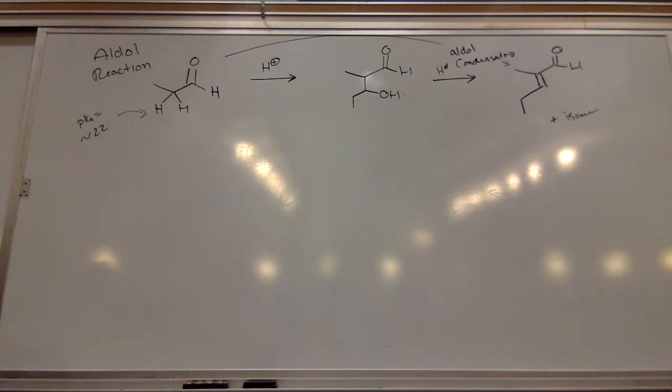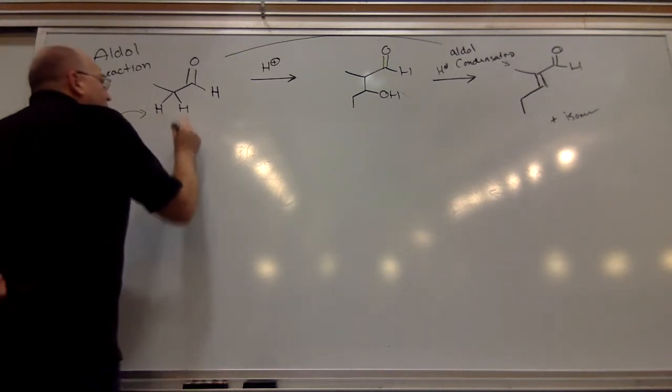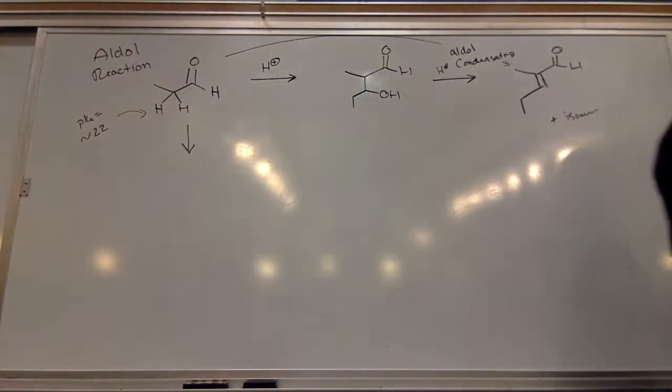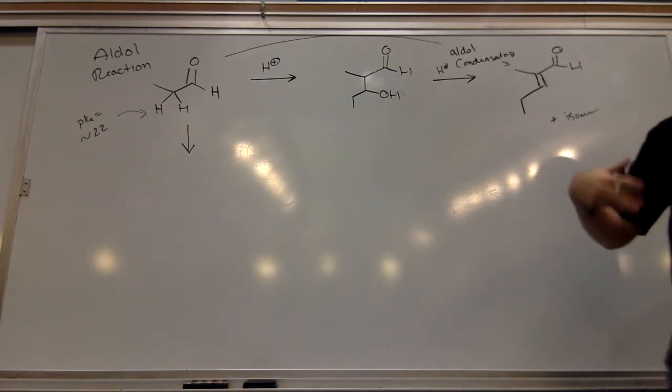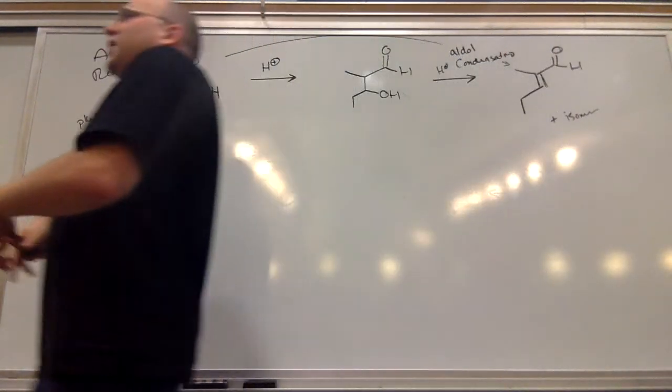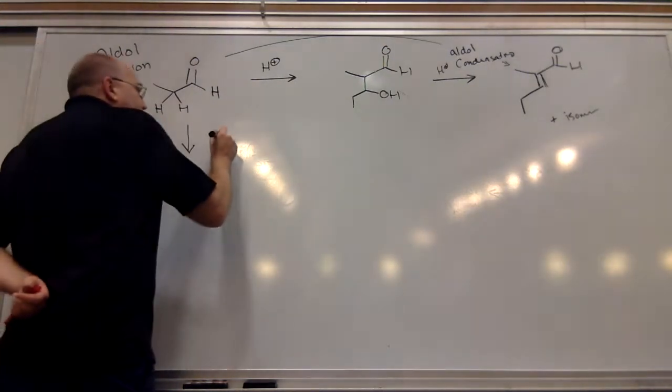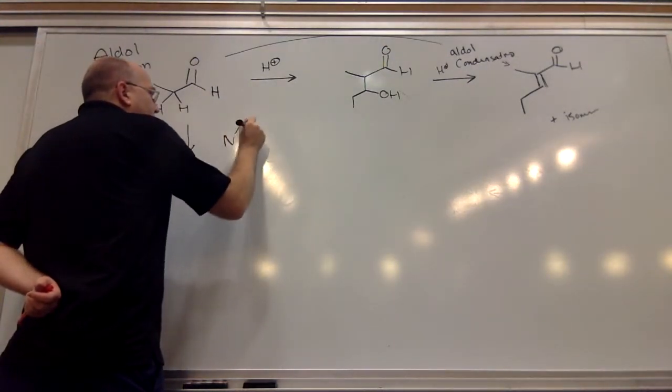I'll throw 22 up there just as an example. And so when you take these molecules and you want to deprotonate them, in general, the classic base that's used to generate the enolate is something that we've seen occasionally, which is lithium diisopropyl amide.